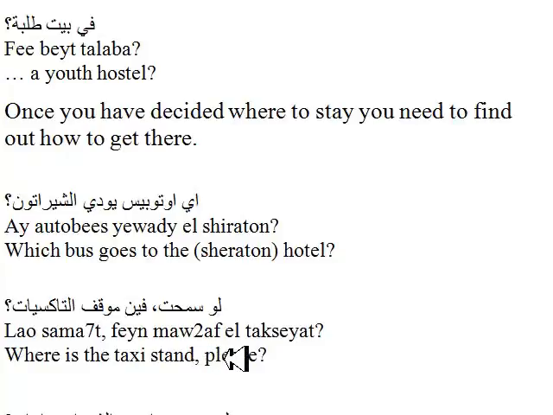Of course, where is a taxi stand, please, or where is the taxi station? But you can find a taxi in any place, so maybe you don't need this. But maybe you can ask in another way, like فين موقف, where is the station of, or لو سمحت فين موقف الأوتوبيسات, for example.